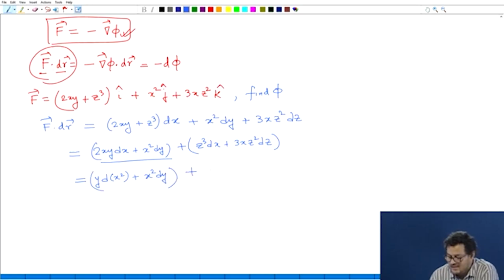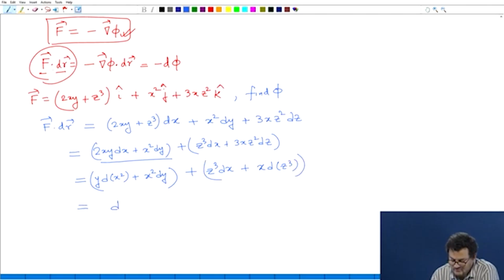Then I can also write z cube dx plus x times 3z square dz, which is d of z cube.